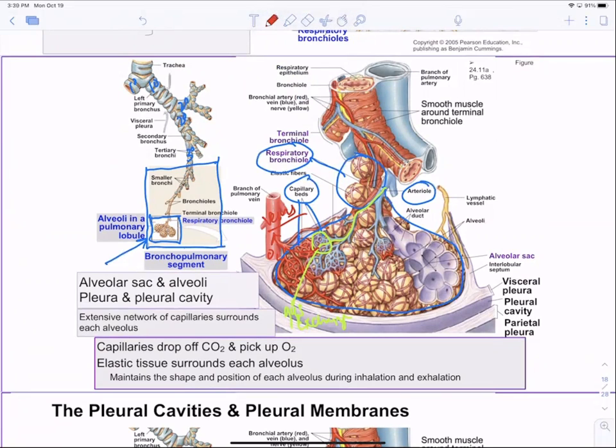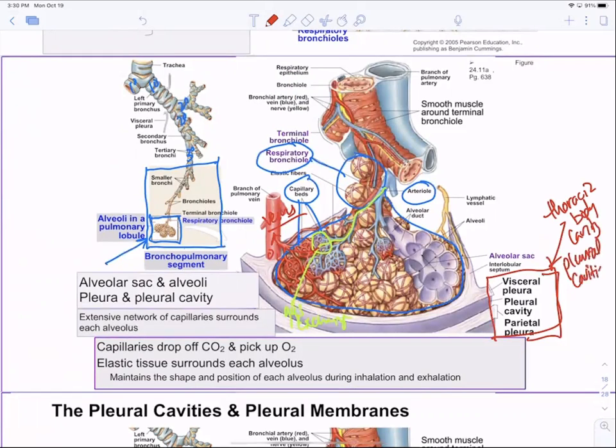The other thing I want to bring up is that you need to remember the pleural cavities, right? So in the thoracic body cavity, you have the pleural cavities, right? A right and a left, and the pericardial around the heart. So we're talking about pleural here because it's surrounding the lungs.